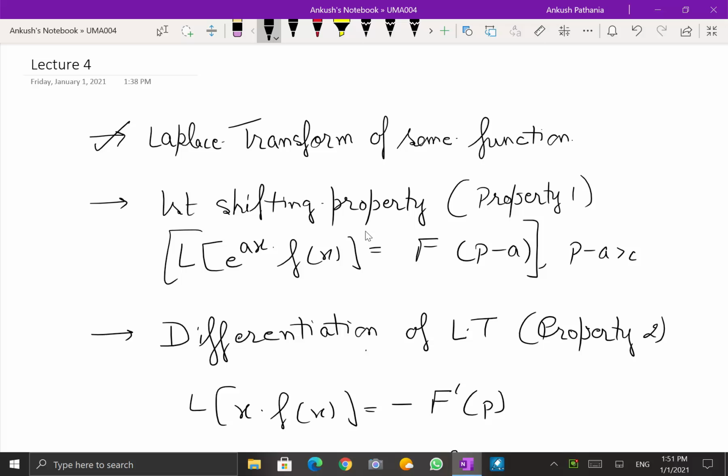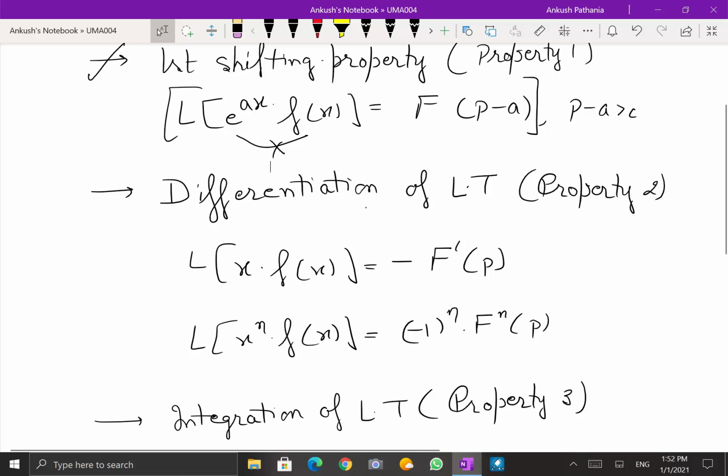After that, we shifted to some of the properties that we can use while solving problems of Laplace transform. The first property was the first shifting property, in which f(x) is multiplied with e^(ax). In that case, you get the Laplace transform in the form of F(p minus a).